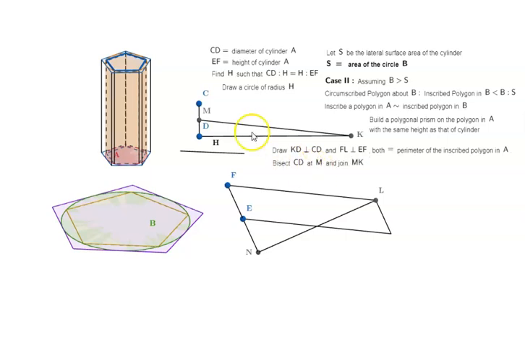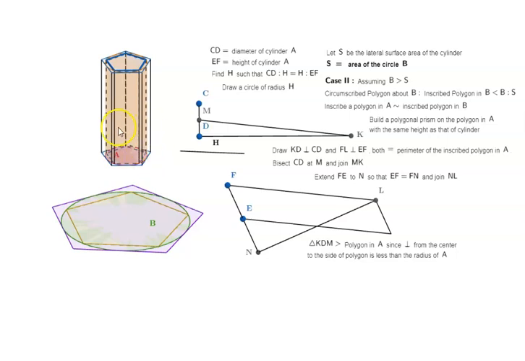Bisect CD at M and join MK. Extend FE to N so that EN equals FE, and join NL. Triangle KDM is going to be greater than the polygon in A.